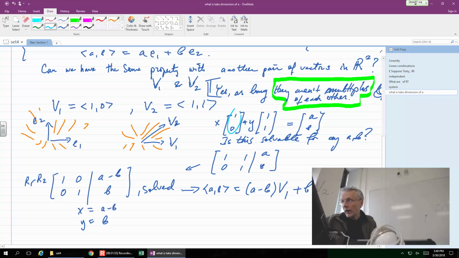They aren't multiples of each other, and we put them as columns of our augmented matrix. So in other words, what we're saying here is that the matrix would have to have two rows that are not multiples of each other.